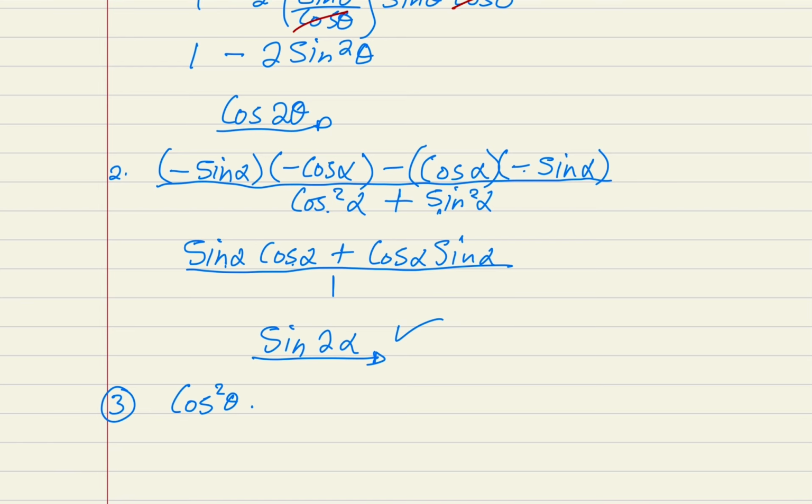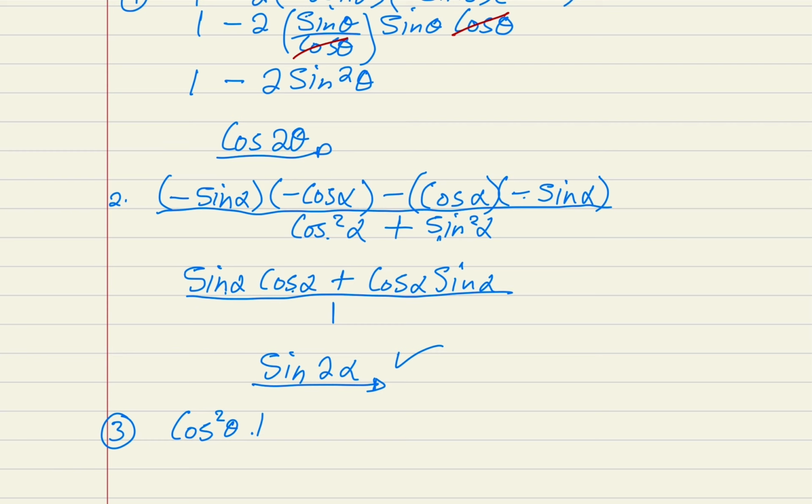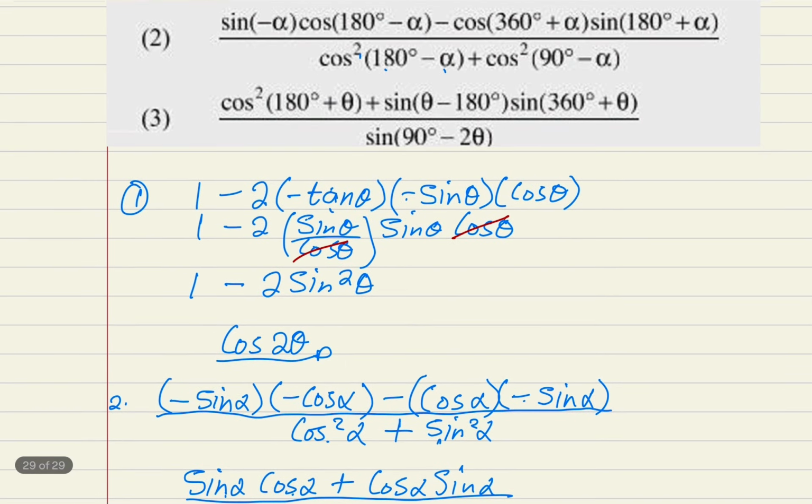Okay. Then we continue, and then we say plus. Then here, what do we have? We have the negative angle of sine. If something is like this, I always say you can add 360.